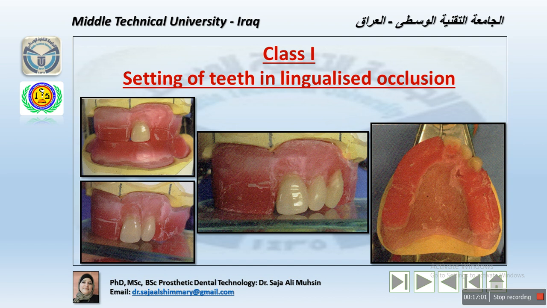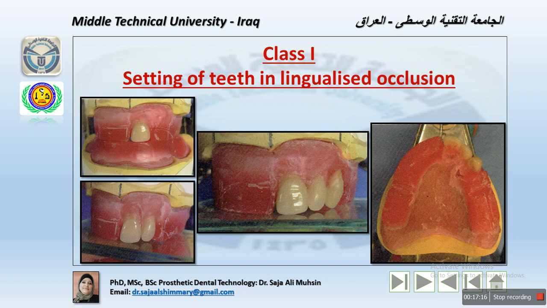So, of course, the upper anterior teeth are positioned as previously mentioned in natural occlusion. When using lingualized occlusion, the lower teeth are usually positioned first.